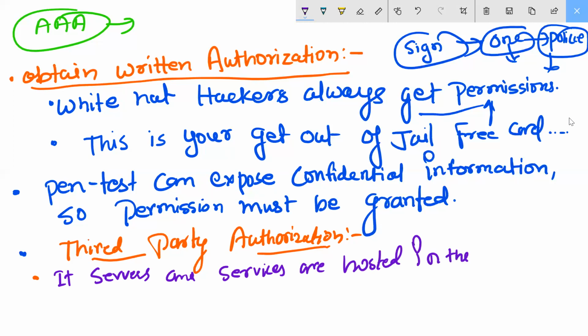Right? We are working on the cloud. Most companies have servers and services hosted in the cloud.